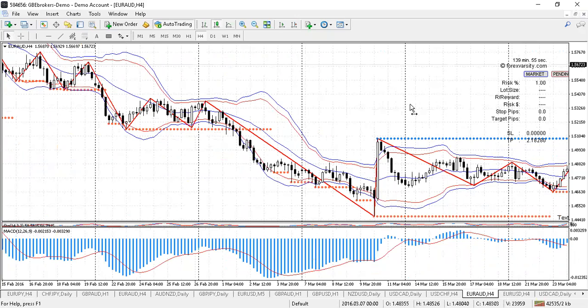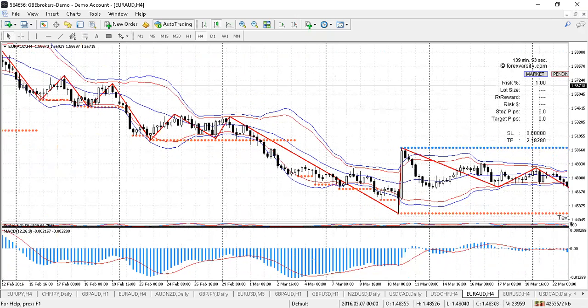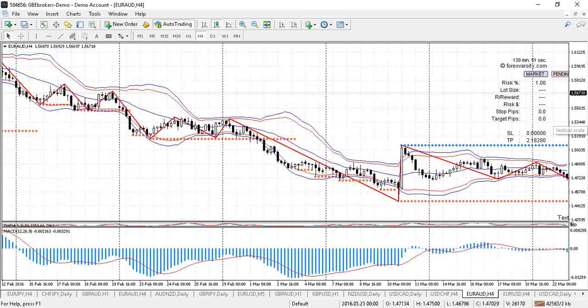Probably the most powerful points of divergence are going to be at the corners of your zigzags. But sometimes if you see the MACD cloud bumping down like this and then giving a smaller bump here, you can also look for points in between the zigzags.